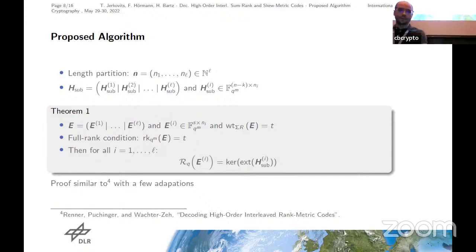The proof of this theorem follows similar techniques as in the paper about the adaptation of the Metzner-Kapturowski decoder for the rank metric, but with a few adaptations, of course.